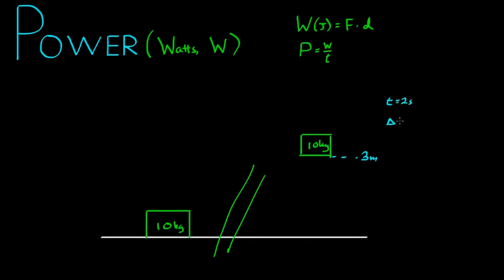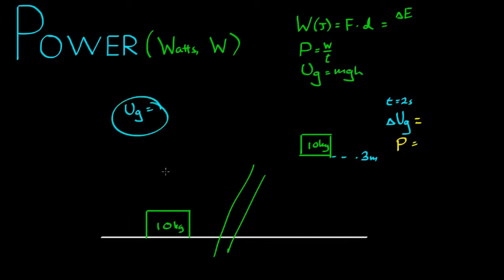First of all, let's figure out the change in gravitational potential energy. Work is also equal to delta E. So let's figure out delta gravitational potential and also the power. The formula is UG equals mgh. So gravitational potential at the start equals 10 times 10 times 0, which is 0 joules.